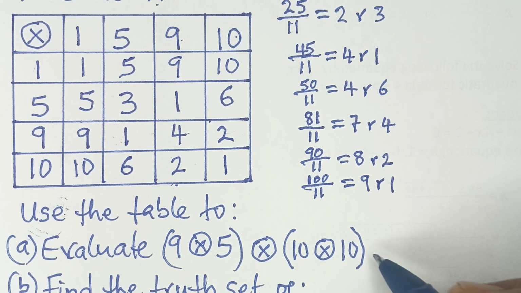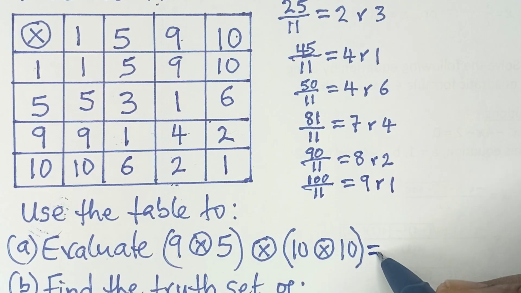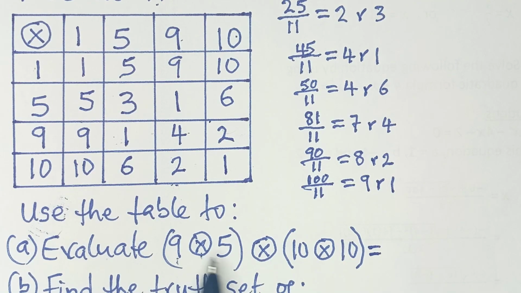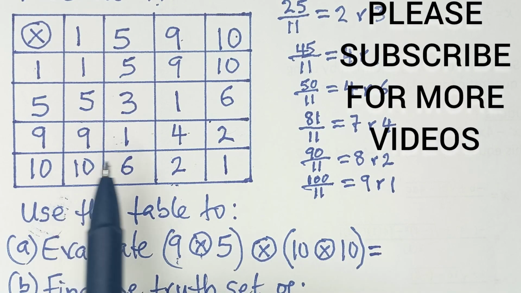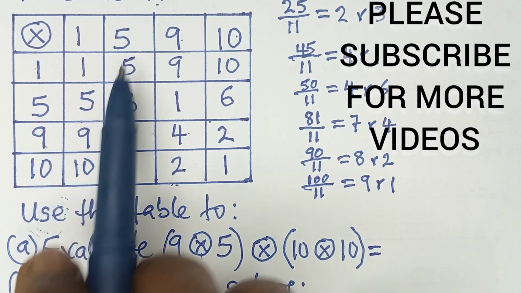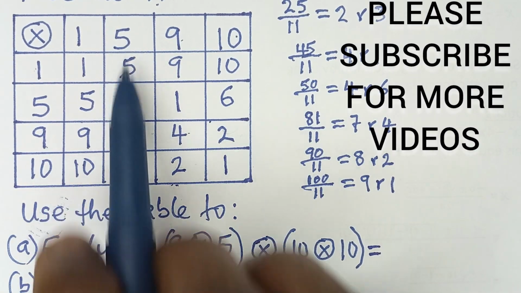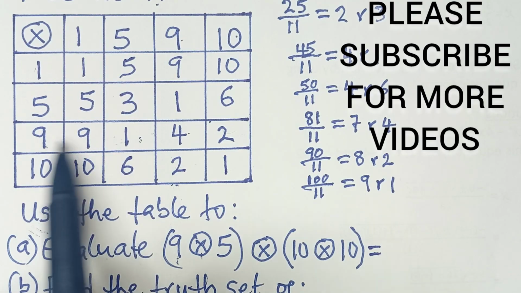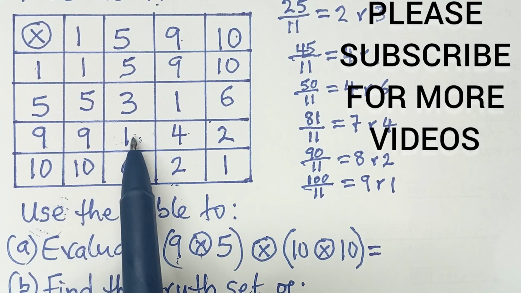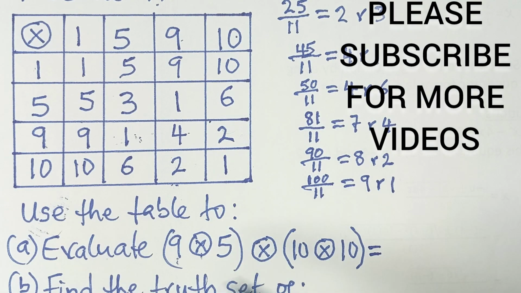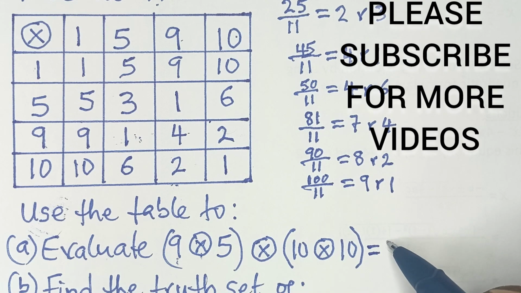Let me use this space. So I'm going to say this is equal to 9 multiplied by 5. If we go to the table, we're going to see where 9 multiplies by 5, and the answer is 1. That is at this level of 9. So 9 multiplied by 5 is 1.